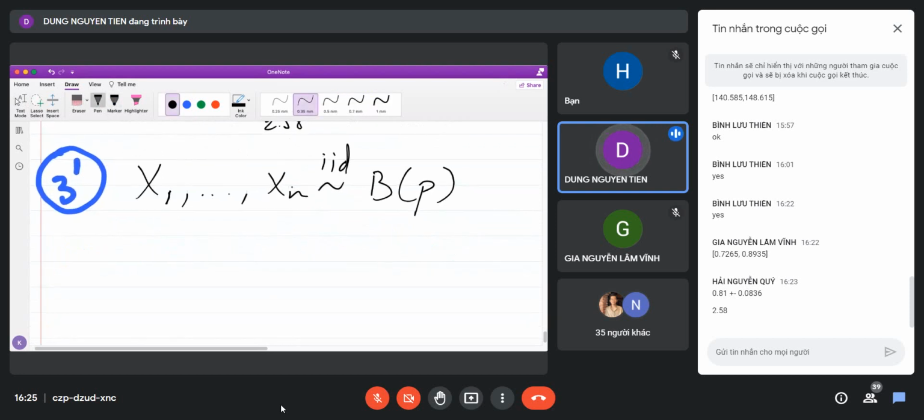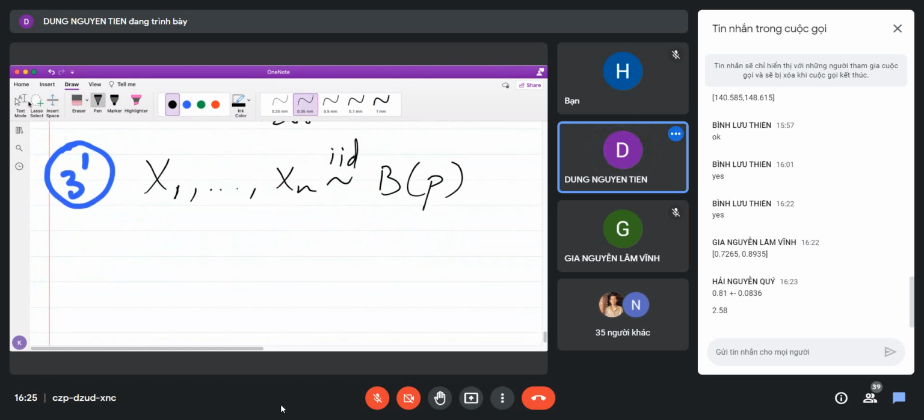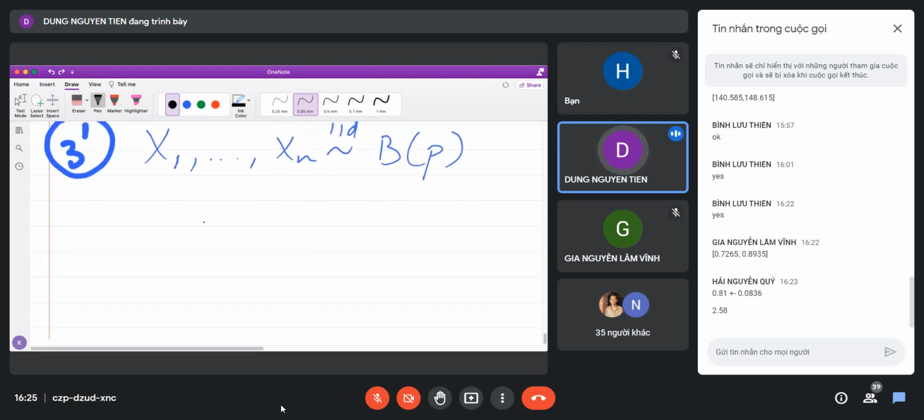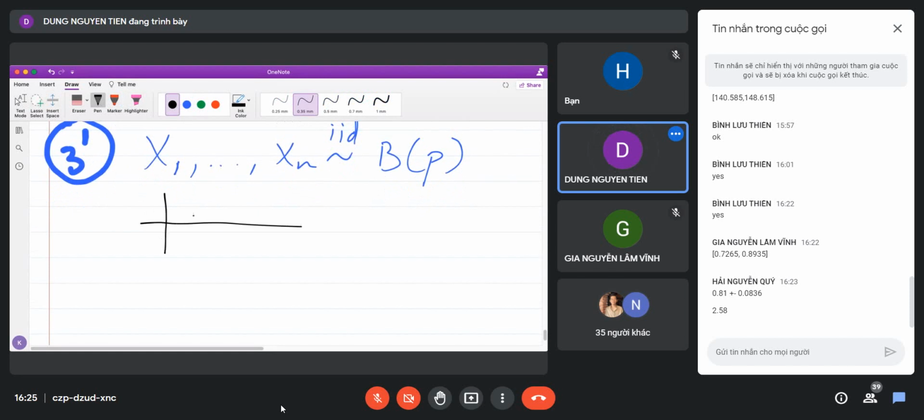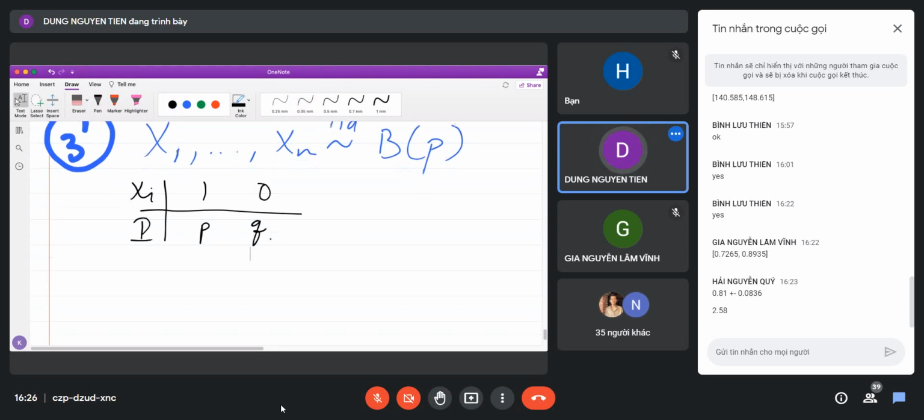Each xi takes the value 1 or 0 with probability p or q respectively.